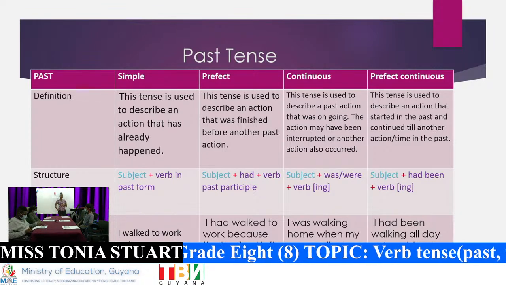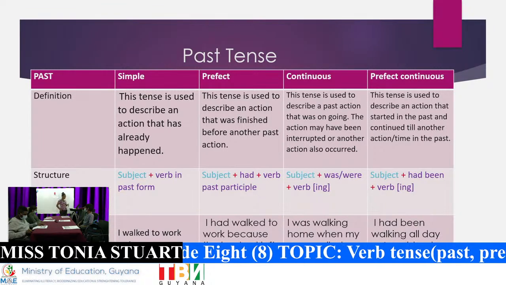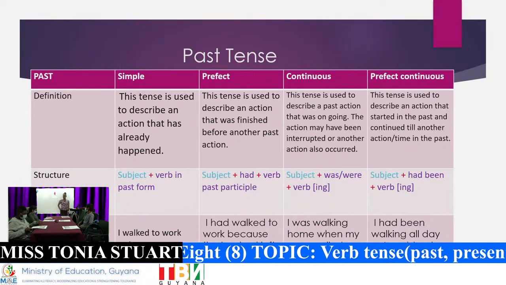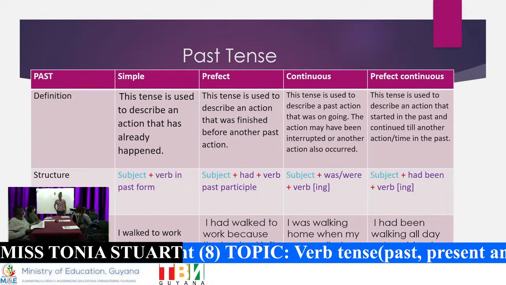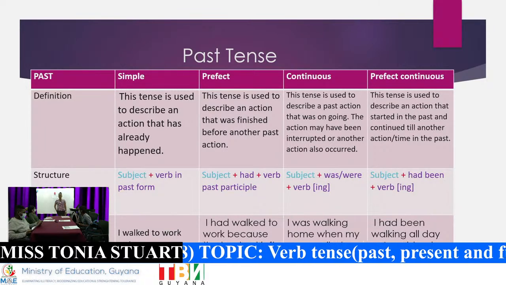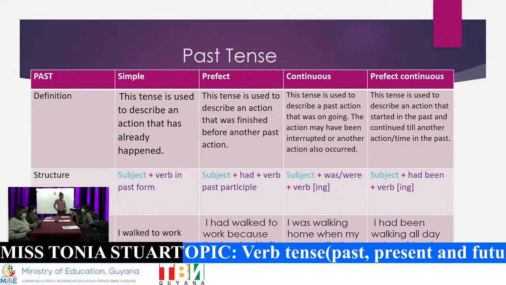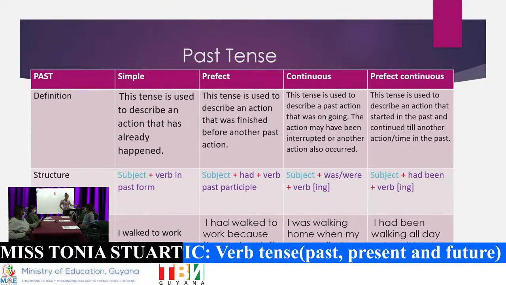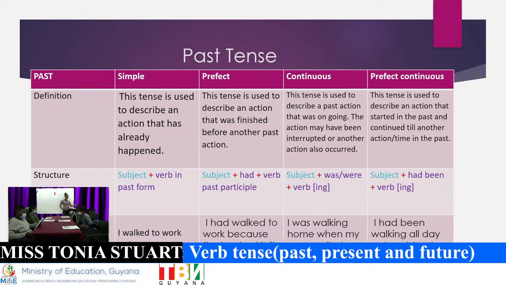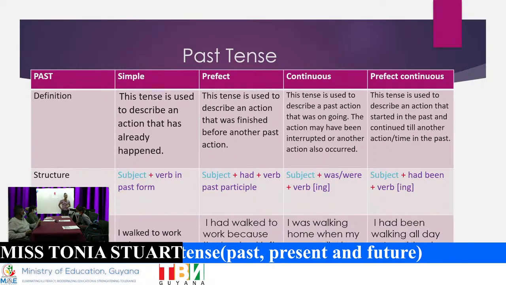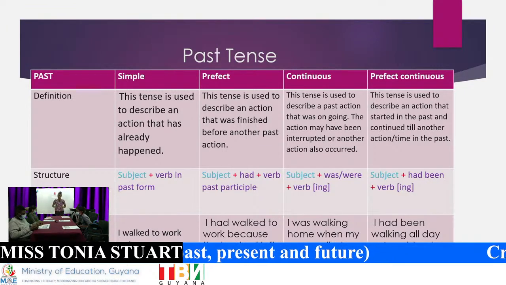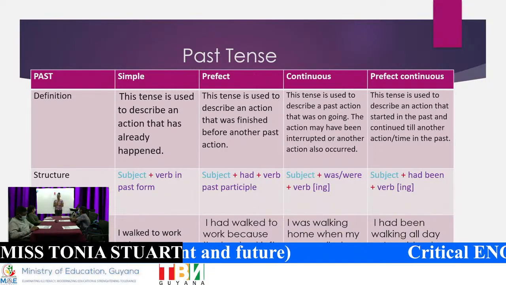Jacoby? What about you, Akila? Shamar? Yes. The definition: this tense is used to describe an action that has already happened. So the simple past tense is used to describe an action that has already happened.